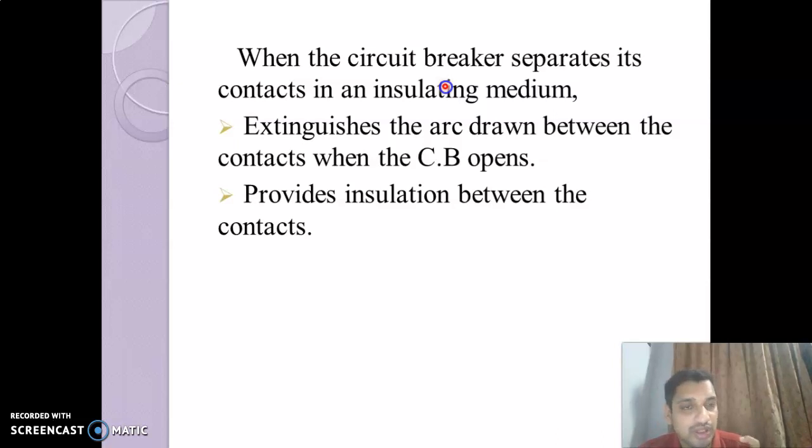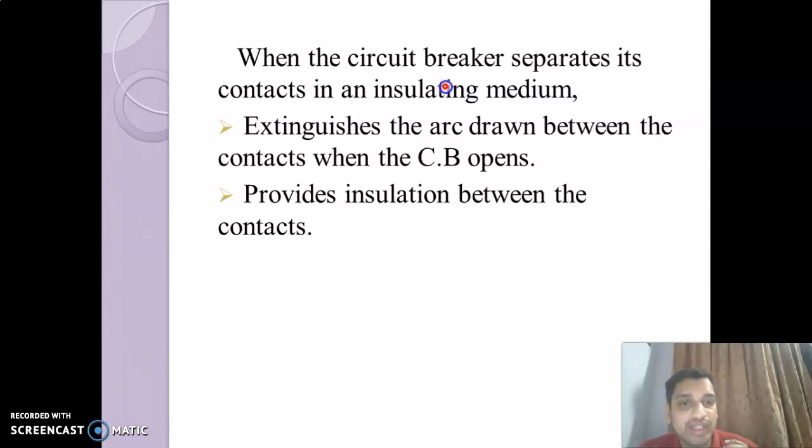Once the fault occurs, the two contacts get separated and an arc is produced between the contacts. At that time the arc allows a large current to flow through the circuit. So the circuit breaker needs to extinguish this arc between the contacts as soon as possible. Only then can we interrupt the current flow.